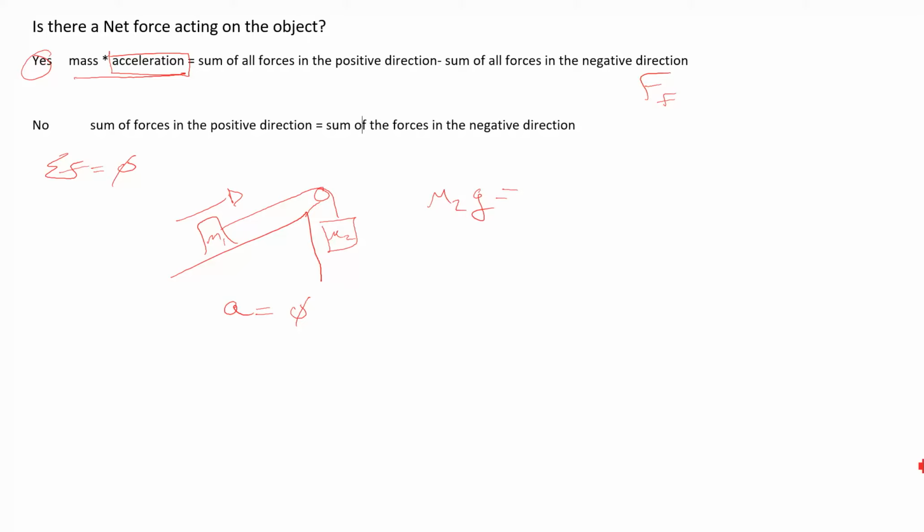Well, I have a component of gravity, not the whole thing, but just F sub g sub x. And then also there would be the friction force based upon M1.